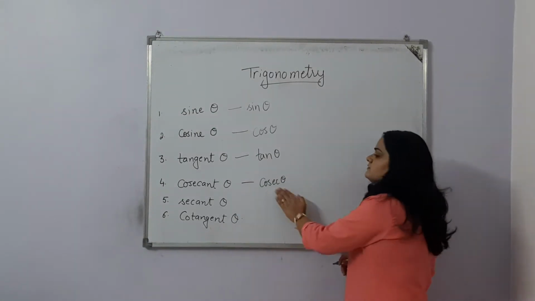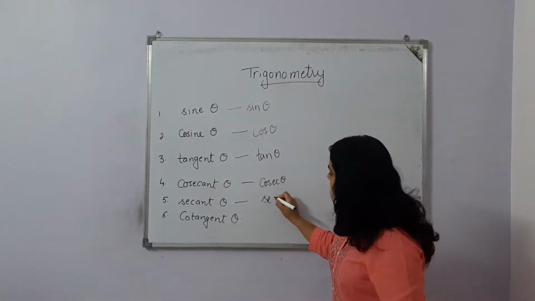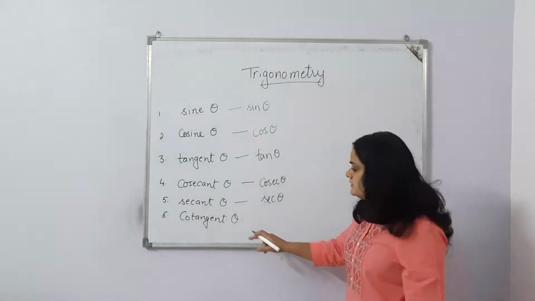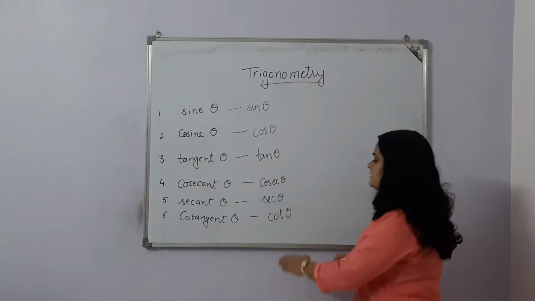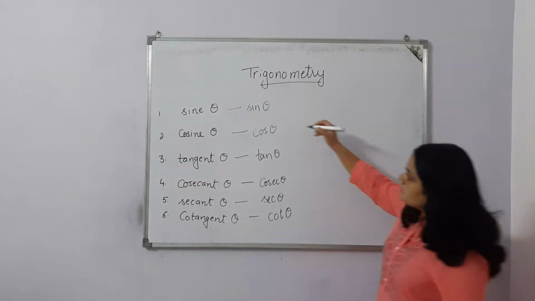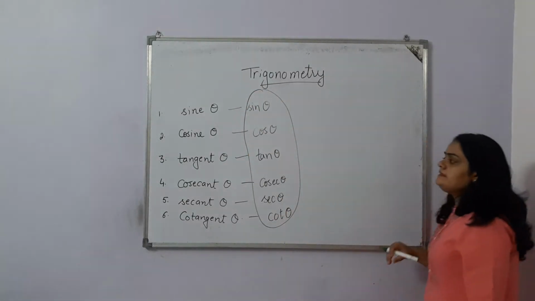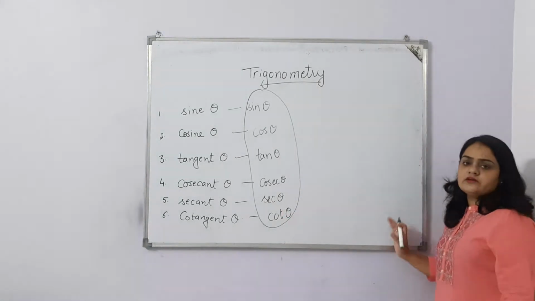Cosec theta is the abbreviation of cosecant theta. Sec theta is the abbreviation of secant theta. And cot theta is the abbreviation of cotangent theta. We are going to use these short forms: sine theta, cos theta, tan theta, cosec theta, sec theta, and cot theta.